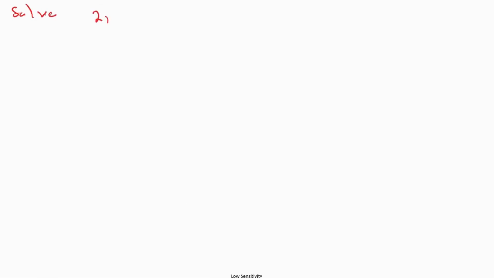It's always important to write what it is that you're trying to do. We want to solve this, and we want to leave our answer in 3 significant figures. Those are the 2 conditions that we are given.